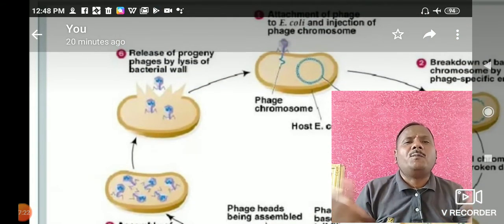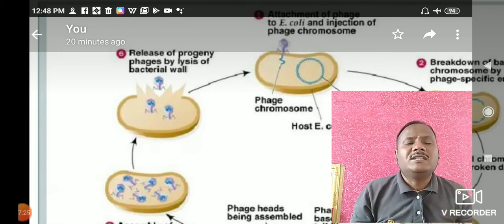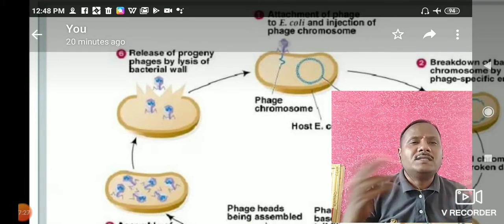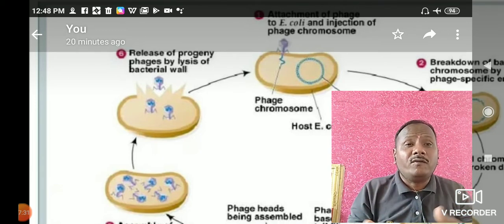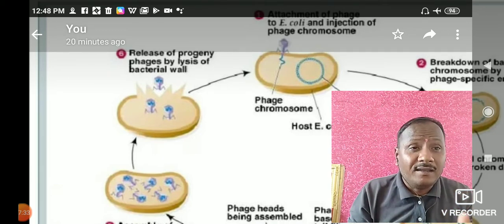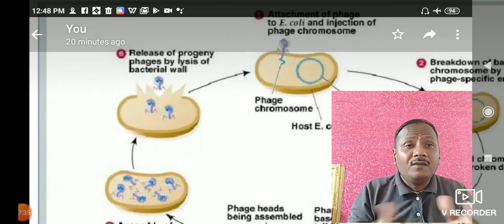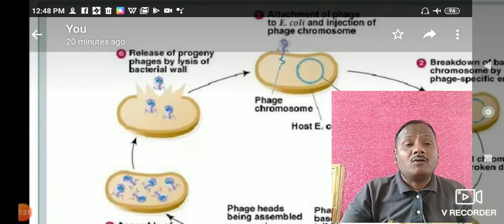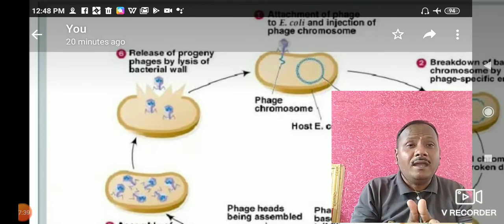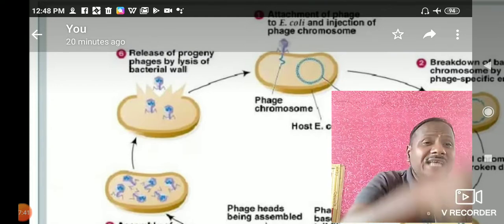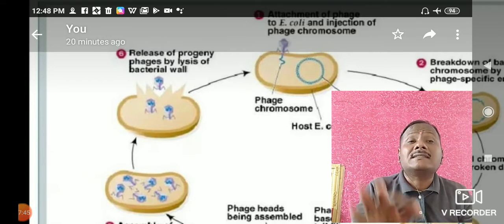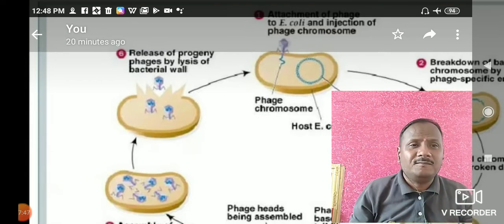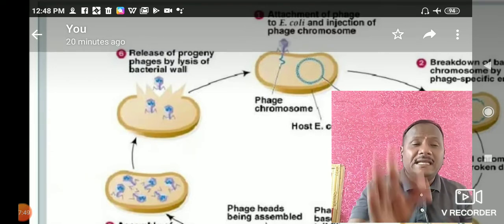The number of progeny phages released by lysis of bacterial cells is much more, and further these bacteriophages are ready for attachment on cell wall of bacteria. Like that, this is the cycle, and this cycle is called the lytic cycle.